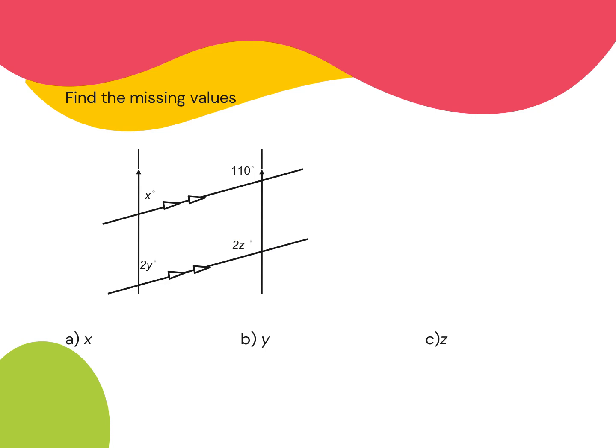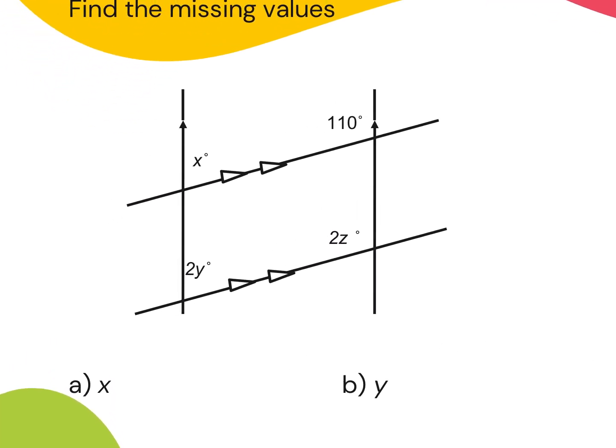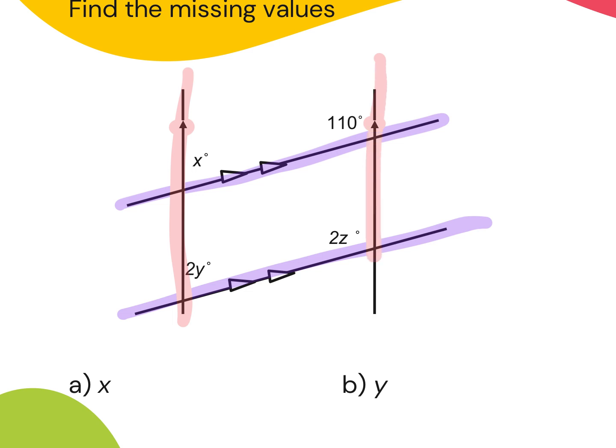For this picture, I know the arrows on these lines right here are easy to see. They're nice and large. These are parallel lines, but then if you notice, I got little arrows right here indicating these are parallel as well. Now, when I go to answer the questions here for X, Y, and Z, I'm going to be using different parallel lines for each one of the variables.